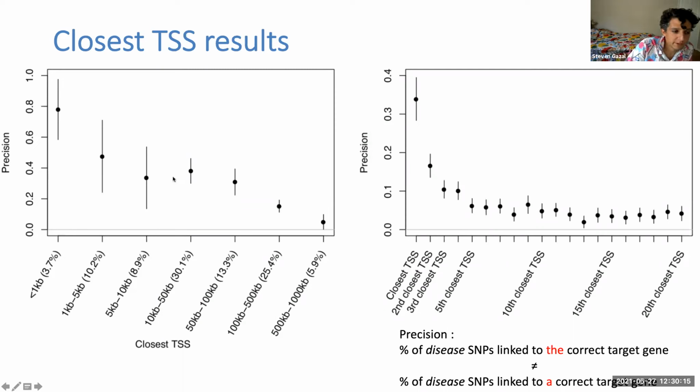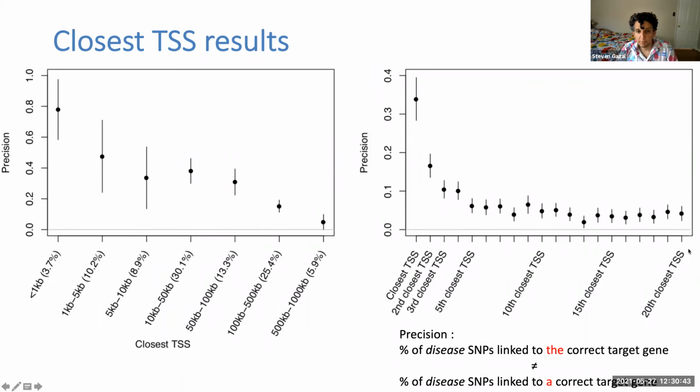And of course, it decreases until reaching something close to 0 when you are very far from the closest TSS. For me, this was interesting because this was shown for eQTL but not for disease, and it also validates our method that we have a kind of linear relationship between distance to the TSS and precision.